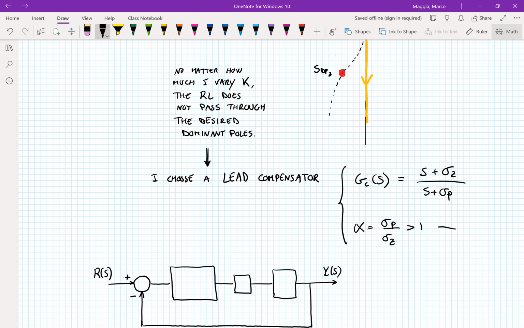This second one is the condition for a lead compensator, because the transfer function is the same for lead or lag compensator. But we definitely want a lead compensator because we want to modify the shape of the root locus.